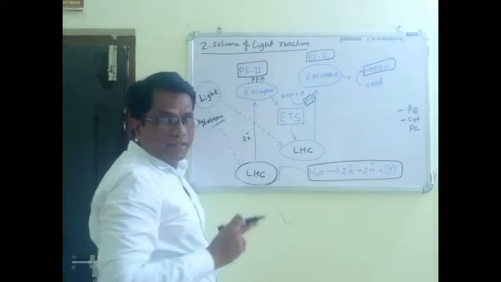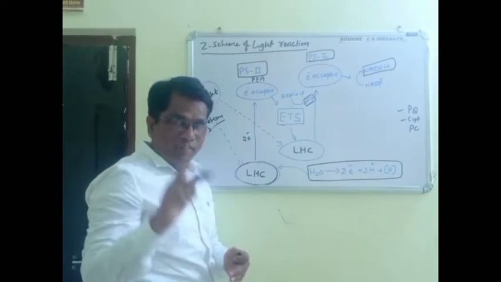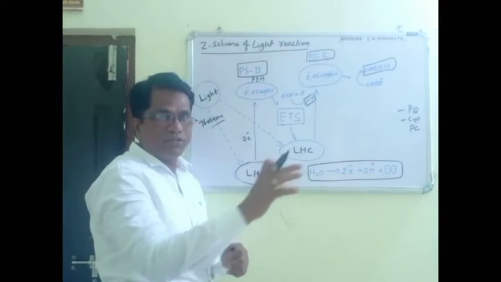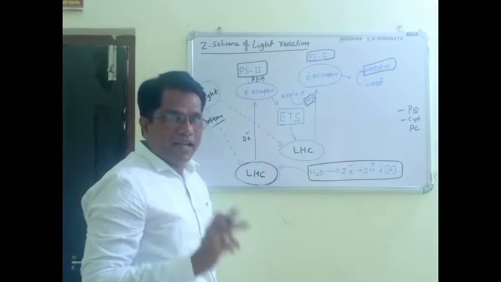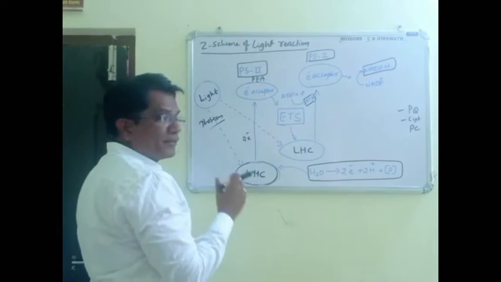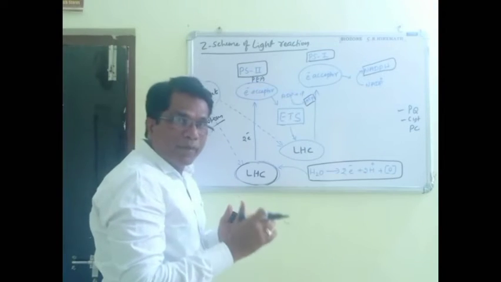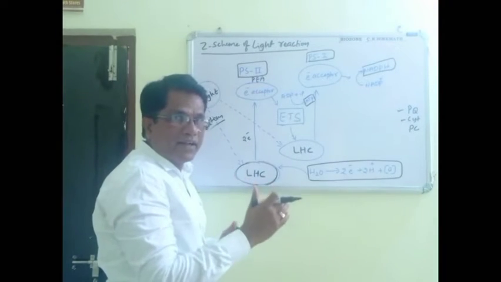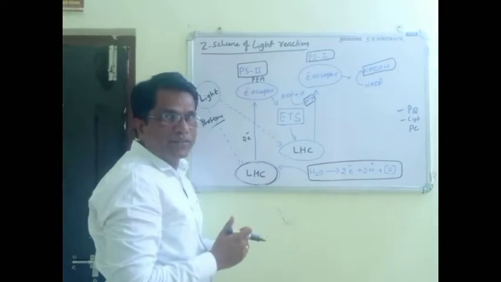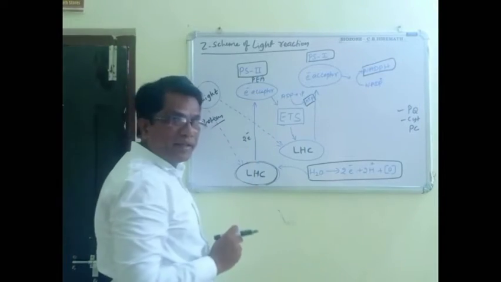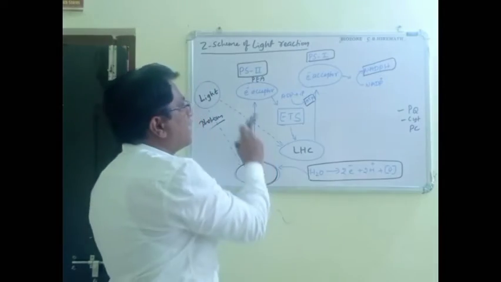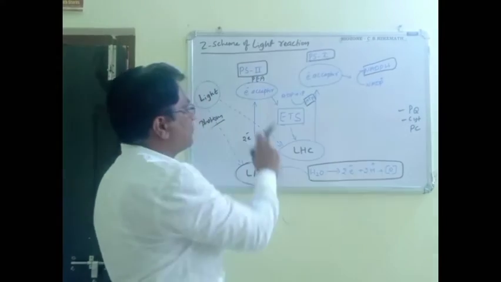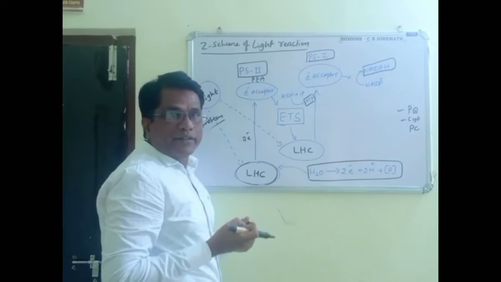In this PS2 complex, one molecule of reaction center is going to absorb 680 nanometer wavelengths of red light, because of which the chlorophyll pigments get excited and release electrons, which are picked up by the electron acceptor molecules.